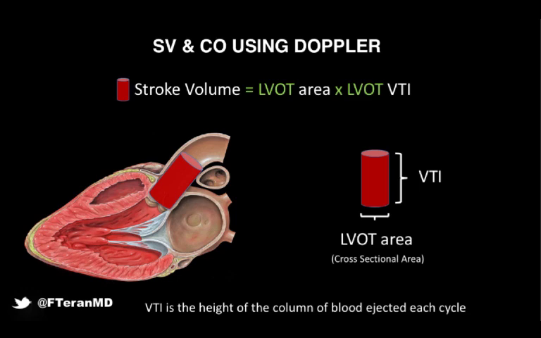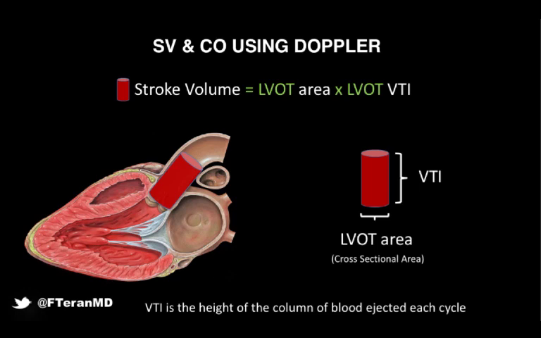Essentially, if we know the diameter and therefore the radius of that hole, the left ventricular outflow tract, and then we know the height of the column, that is essentially our stroke volume. And so conceptually, the VTI, or velocity time integral, is the height of that column of blood that is exiting the heart every single beat.